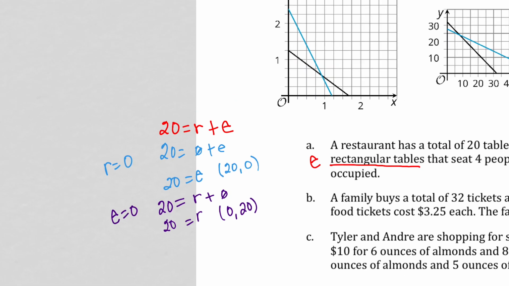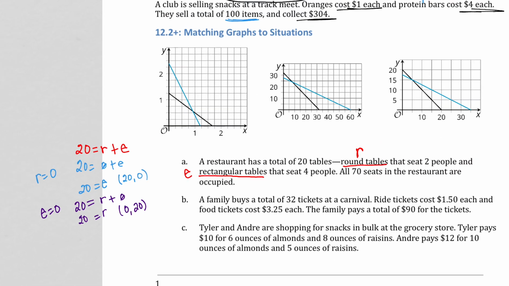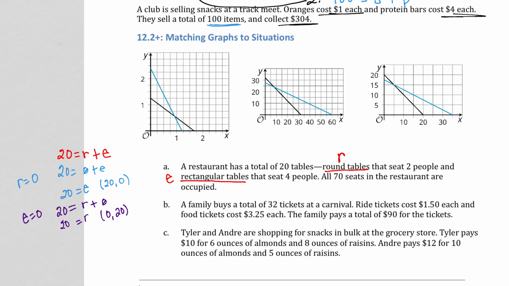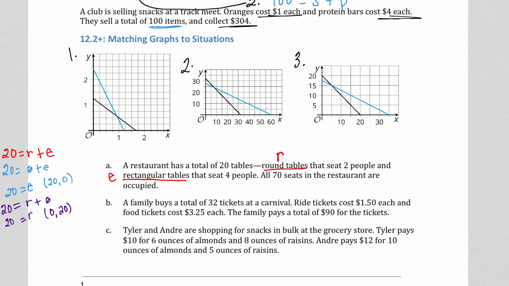So which graph has a line that goes from coordinate 20, 0 to coordinate 0, 20? It's going to be graph 3. Which line, the black or the blue, goes from 20 to 20? The black one. So this line right here is 20 equals R plus E.